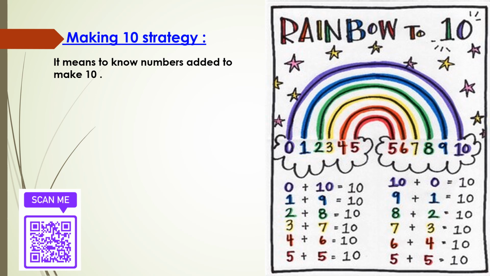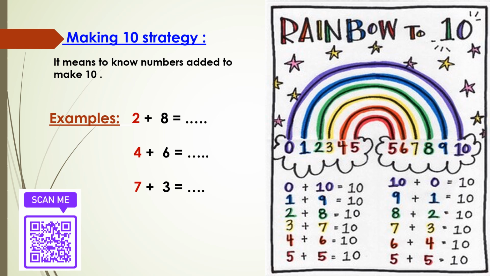We have to know the numbers that are added together on the same line because they give me 10. Like 0 plus 10 equals 10, 1 plus 9 equals 10, 2 plus 8 equals 10, 3 plus 7 equals 10, 4 plus 6 equals 10, 5 plus 5 equals 10.